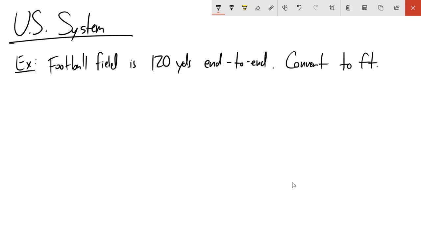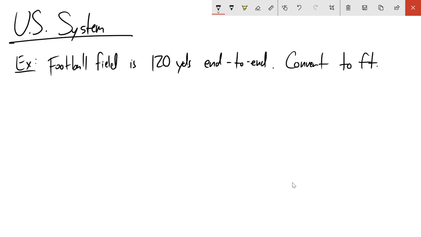All right. So how would you convert? You might actually know how to do this one without having to set up anything fancy. How do you go from yards to feet? Anybody know? How many feet are in a yard? 3 feet per yard.